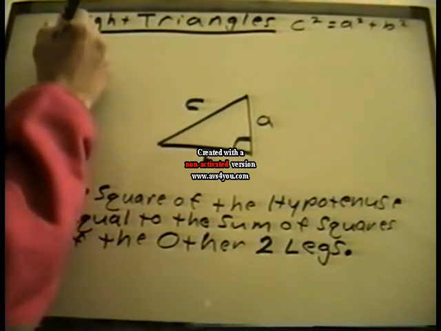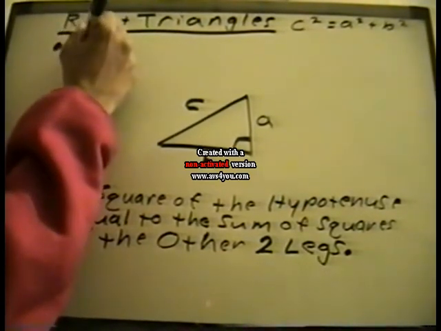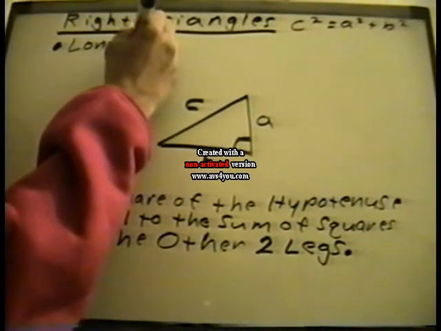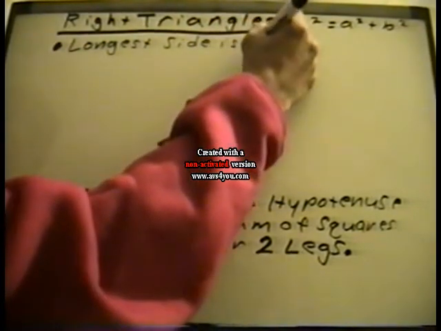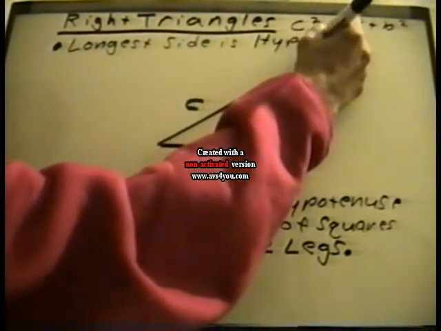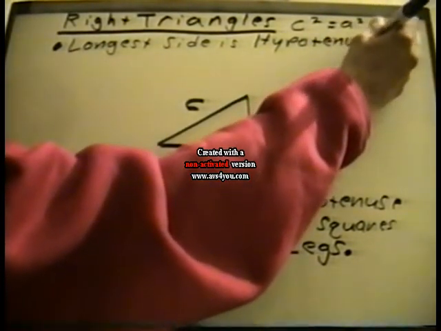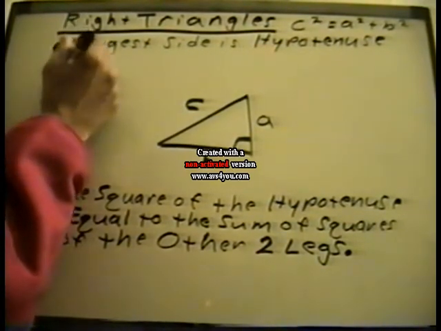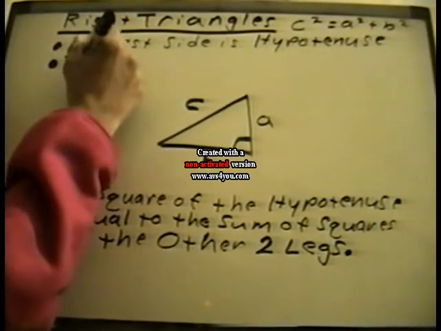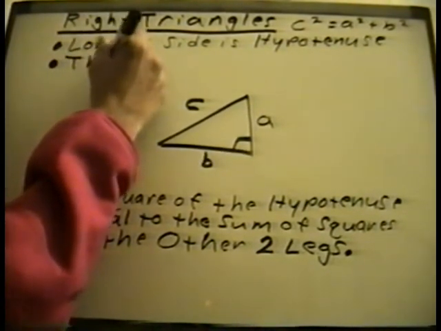Okay, so for a right triangle, the longest side is the hypotenuse. And the legs, or the other two sides, are called legs.